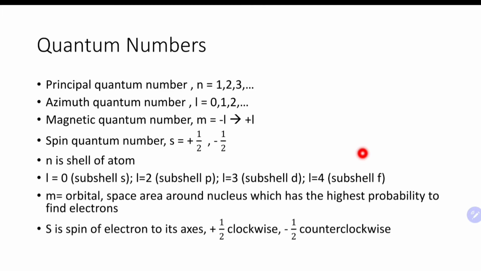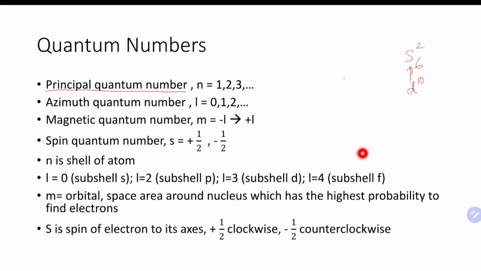Now we will explain why s has maximum 2, p maximum 6, and d maximum 10 electrons. There are 4 quantum numbers. The first is the principal quantum number. This is for the shell.